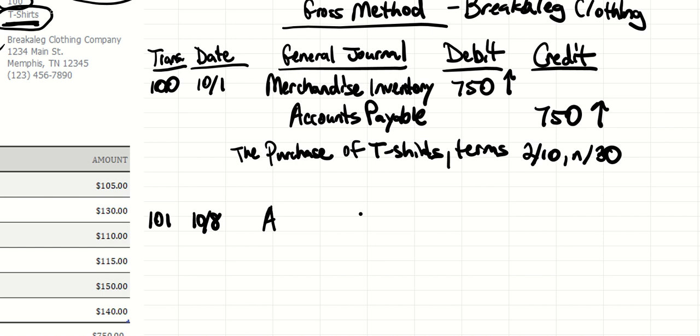So we're going to go ahead and debit accounts payable for $750. Okay, that's going to decrease the balance in that liability account. So we've officially eliminated that liability that we initially recorded on October 1st. Get it out the way.